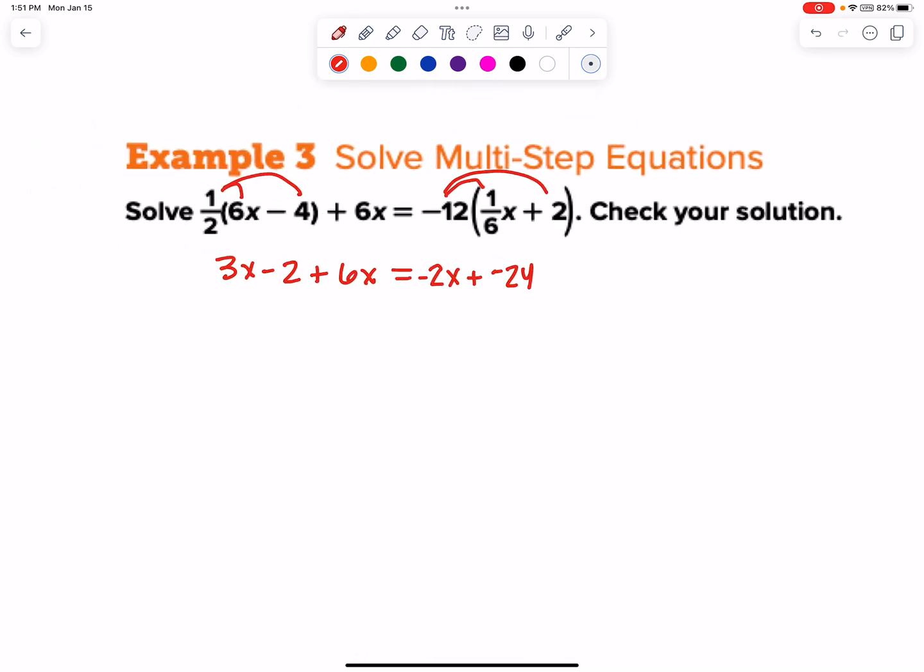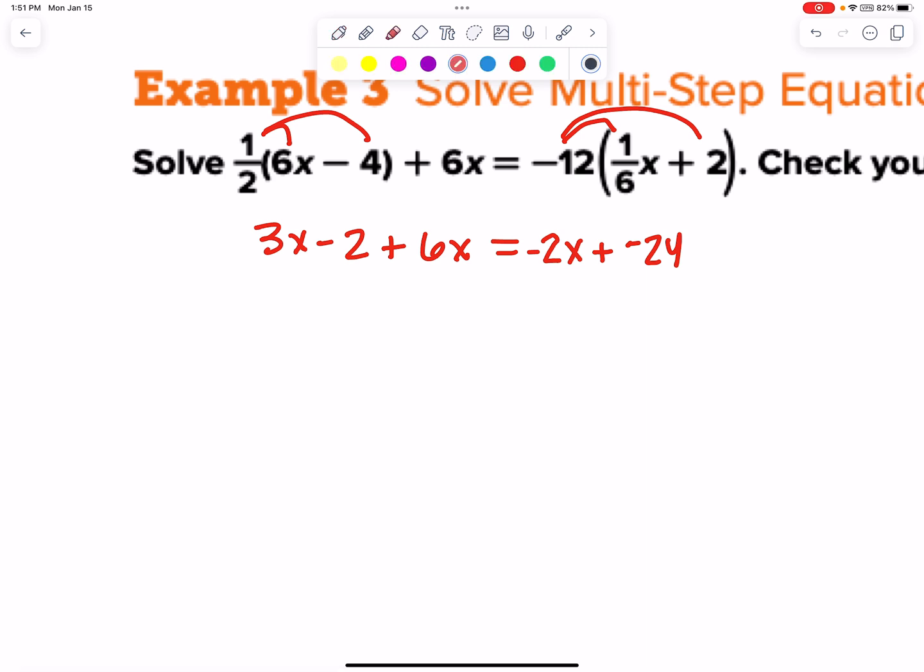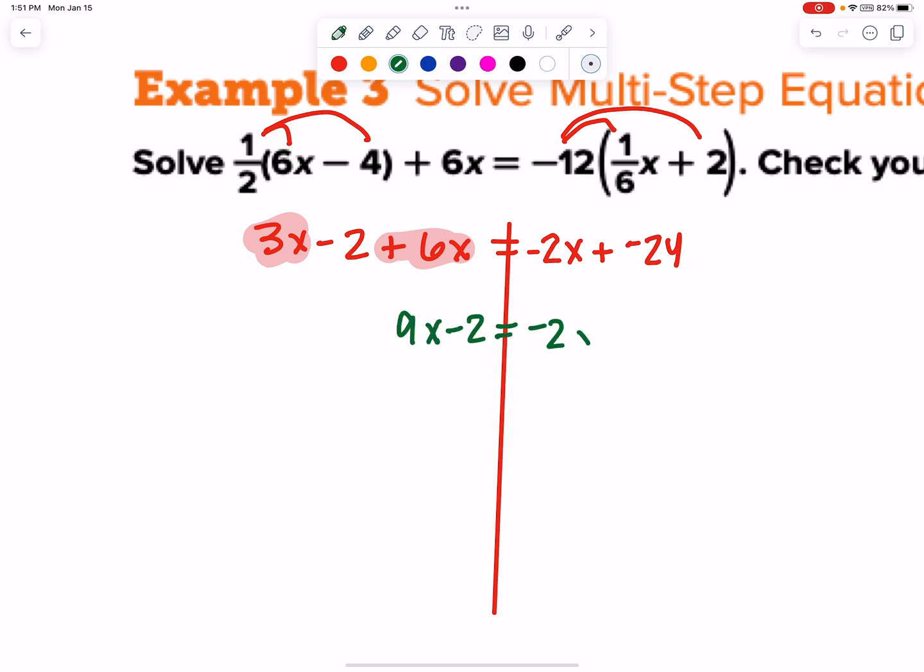Okay. All right. Let's go ahead and combine some like terms here. We have the 3x and a positive 6x. I'm going to create my workspace. 6, 7, 8, 9. So we have 9x minus 2 equals negative 2x minus 24. Notice I changed the plus negative to just minus. Let's go ahead and start moving things around.